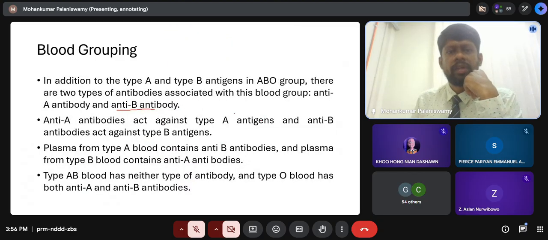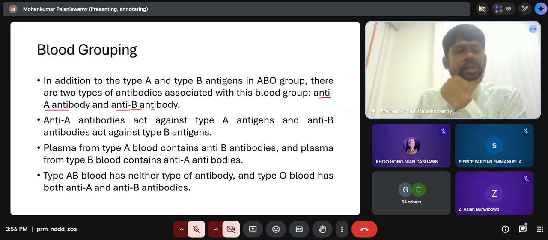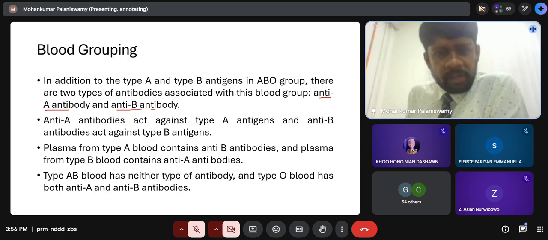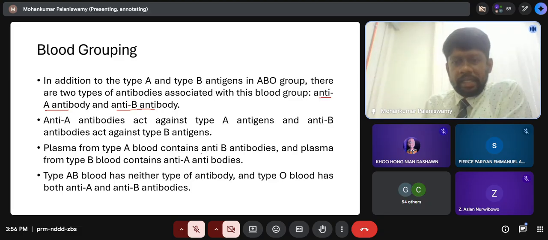So anti-A antibodies act against A antigen, anti-B antibodies act against type B antigens. Plasma from type A blood contains anti-B bodies and plasma from type B blood contains anti-A bodies.